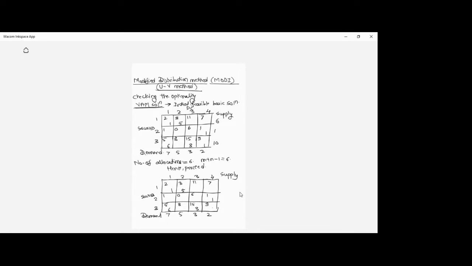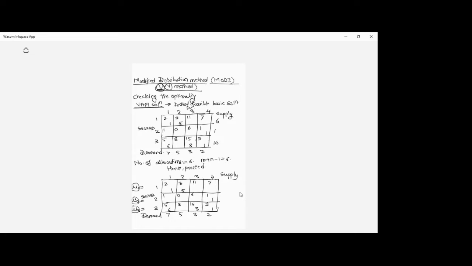Now we are going to allocate u and v values, right? For the rows, we are going to consider u. So here it will be u1, here u2, and here u3: for the first row u1, for the second row u2, and for the third row u3.